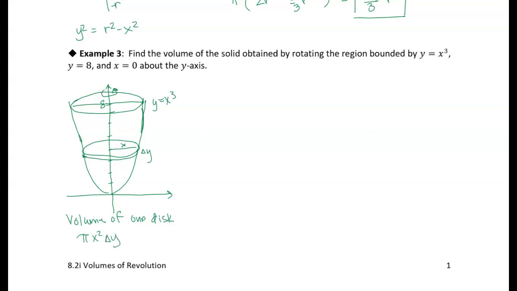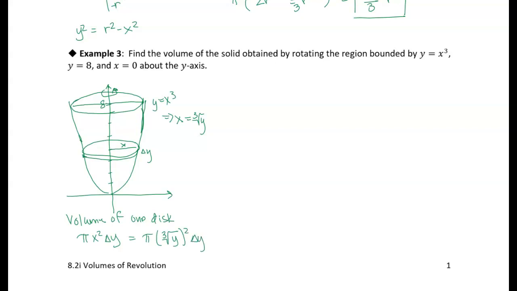But I've got delta y, so I would really rather have x in terms of y. If I rewrite this, y equals x cubed means that x is equal to the cube root of y. So I can rewrite that as pi times the cube root of y squared delta y.